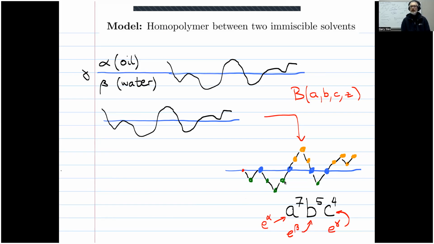You can count that there are 5 vertices in the lower phase, and so I get a b to the 5th, and then 4 times the walk visits the interface here, and I get a c to the 4th. And in terms of energy here, the parameters that I'm going to be working with, once I'm finished with the combinatorial side of things, I'll switch over to these alpha, beta, and gamma parameters.